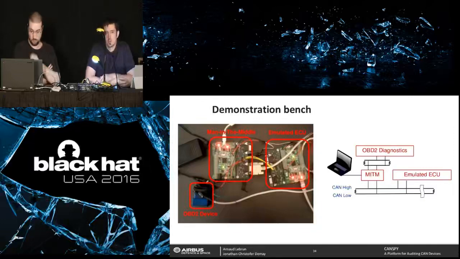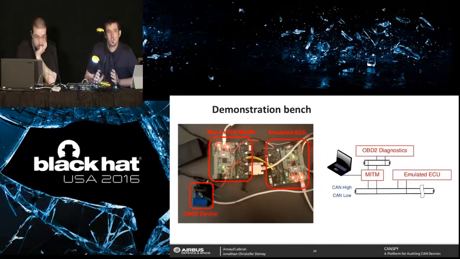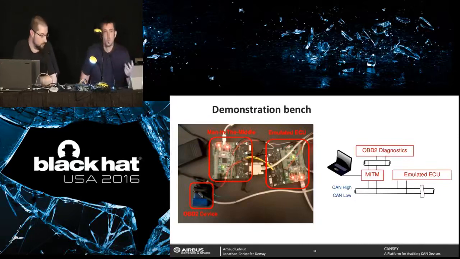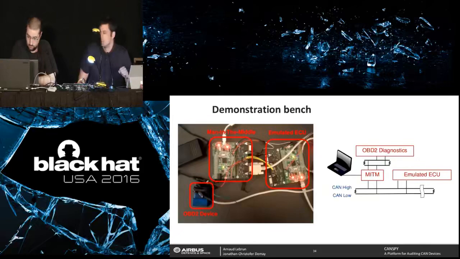So, a quick demonstration to show what you can do with Canspy. We have a bench with a Canspy that is used to emulate an ECU. Basically, it takes requests for information and sends answers. So it's a simulator. We have a Canspy as a man in the middle, which is forwarding frames from CAN1 to CAN2 and from CAN2 to CAN1.